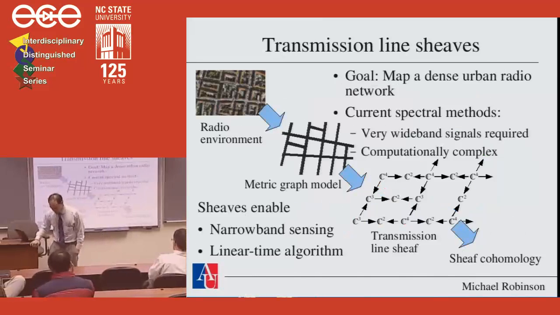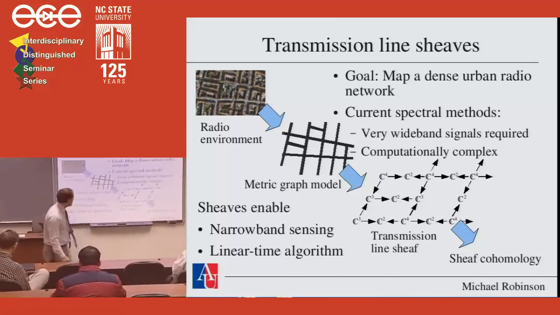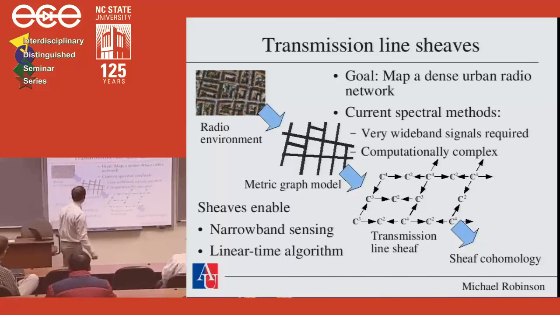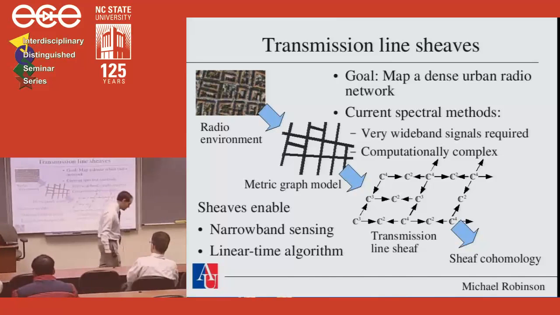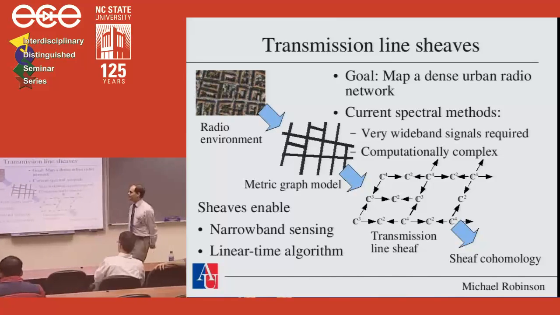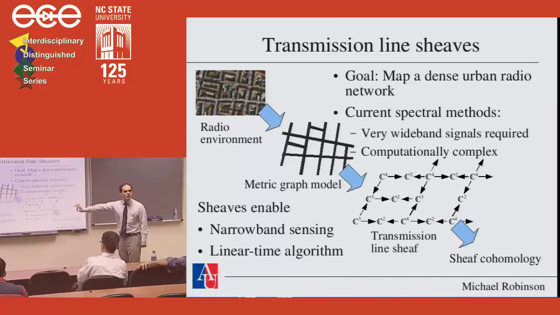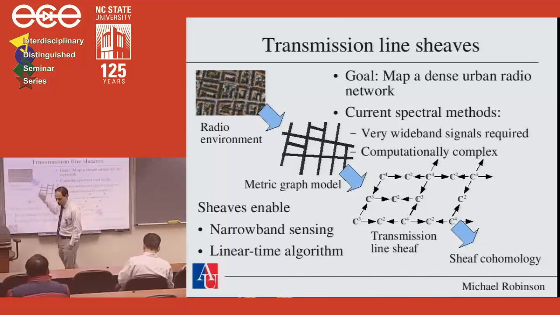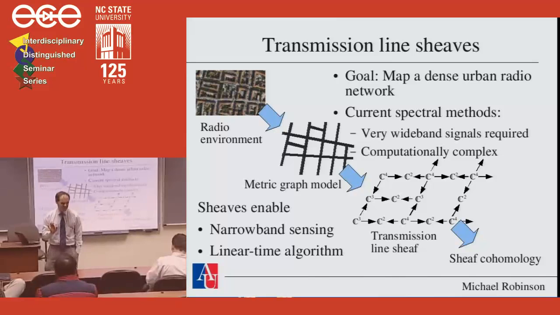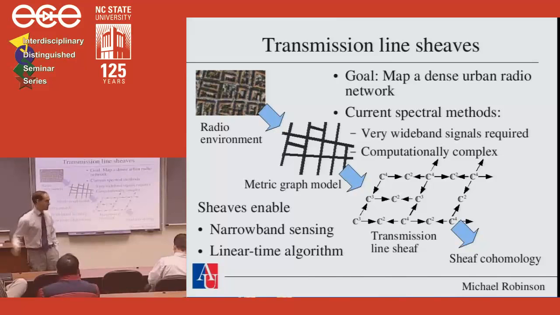And the final example is one that seems like a toy problem, studying transmission lines, but it's a really good model of dense urban radio environments. So if you have a dense city, where do the radio waves travel? If you're standing on the ground near a building, they're going to travel, for the most part, along the roads. That ends up looking something like a transmission line network. It's not exactly, but at least asymptotically to first order it is.